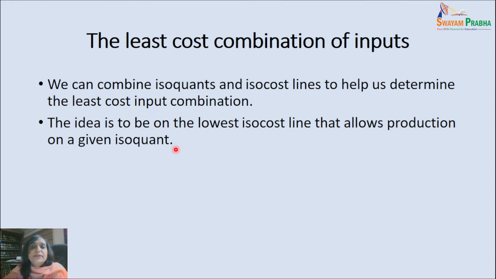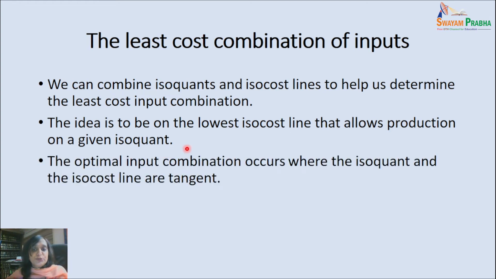How much labor and capital should I employ so that I get Q1 level of output, as well as the cost which I am spending on these two inputs is also the least. So for that, we try to see which is the lowest possible isocost line which allows you to produce that given level of output.